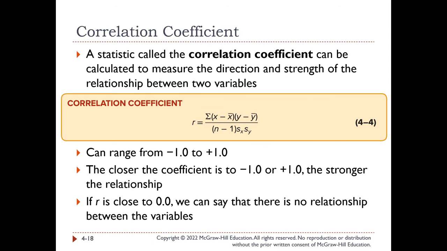So, a statistic called the correlation coefficient can be calculated to measure the direction and strength of the relationship between the two variables. Yes, this is a fun one.